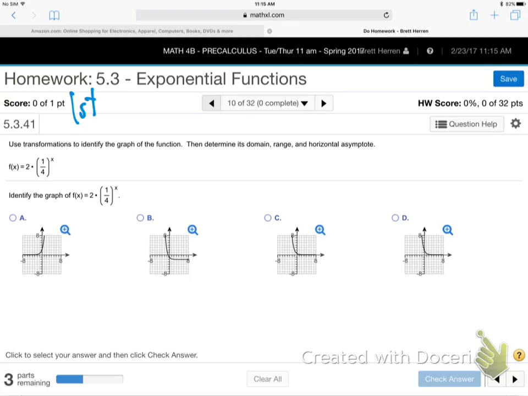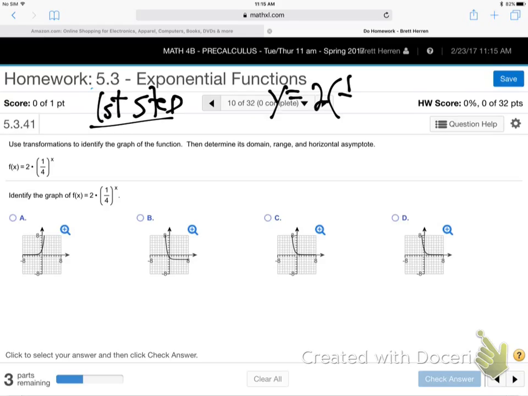So what's always the first step? Find the horizontal asymptote, huh? We have y equals 2 times 1/4 to the x. So what is the horizontal asymptote? Is it that 2? No, it's 0. It's a number added or subtracted off to the side, not a number multiplied.